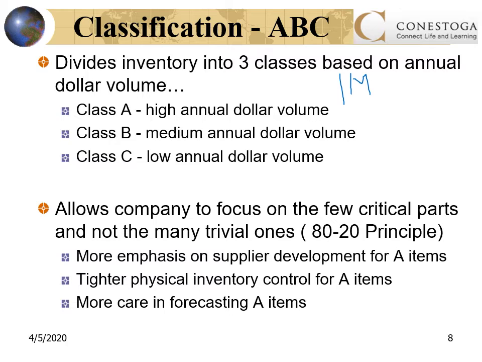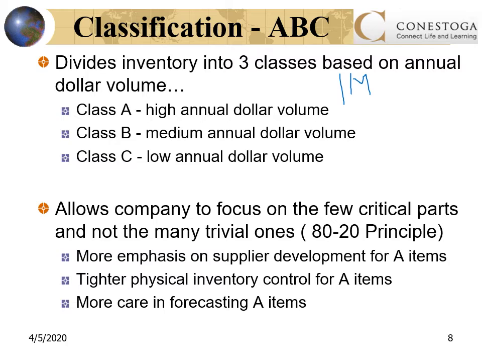Now class A might mean, if you arrange the data in descending order, the highest priced item might be kept at the top, the next highest priced item second, and so on, just like the Pareto analysis which we did.